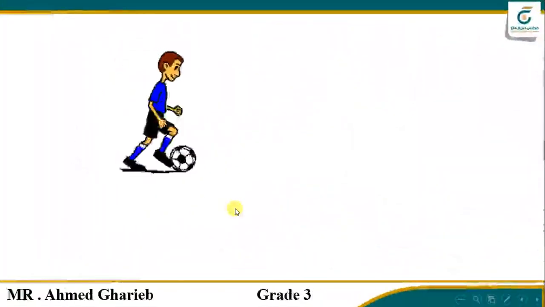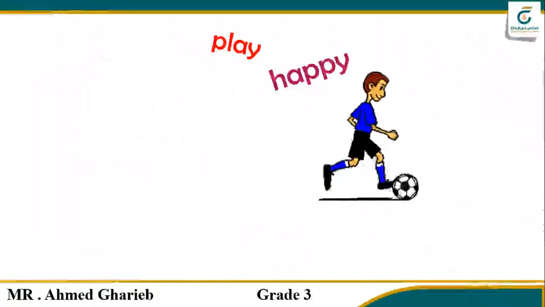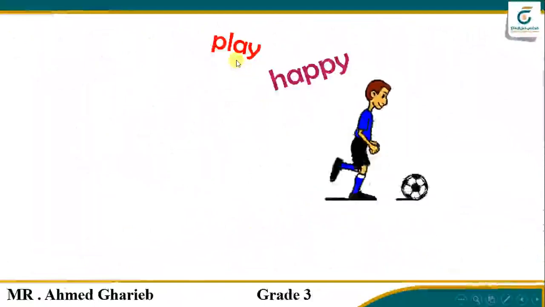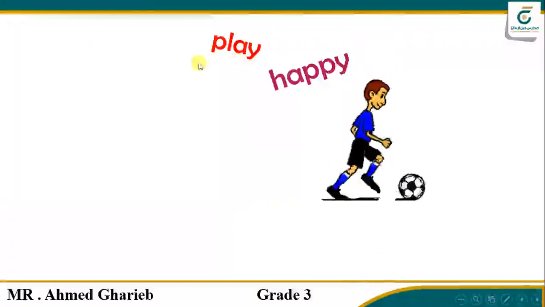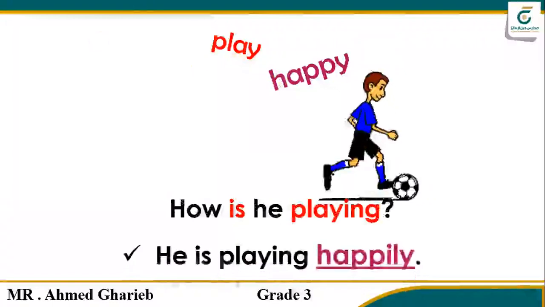Wow, he plays happy. Happy is right. We want to describe the verb play. So we need to form the adverb from the adjective happy. So how is he playing? He is playing happily. Excellent.